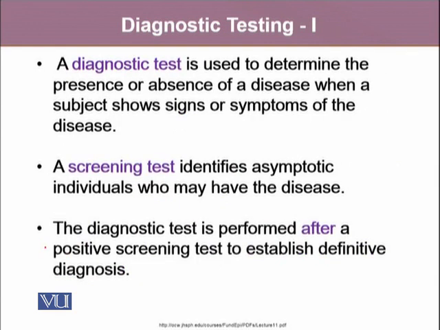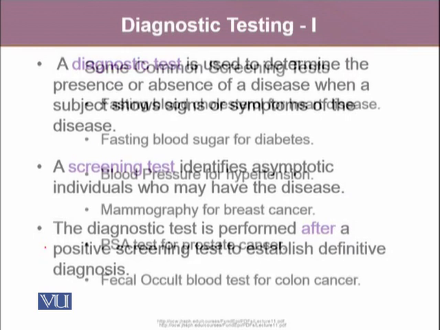A diagnostic test is used to determine the presence or absence of a disease when a subject shows signs or symptoms of a disease. Whereas a screening test identifies asymptomatic individuals who may have the disease. So the diagnostic test is performed after a positive screening test to establish a definite diagnosis.